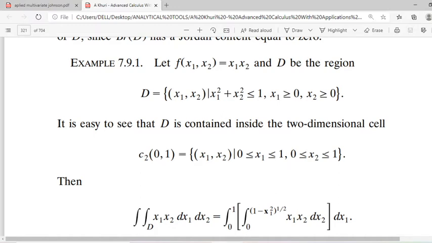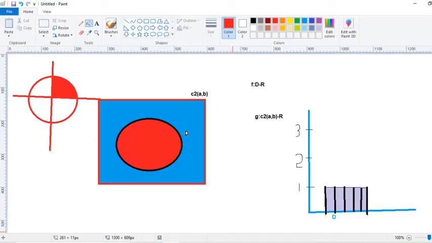It is clear that you can draw a rectangle in such a way that this region is contained in that rectangle.